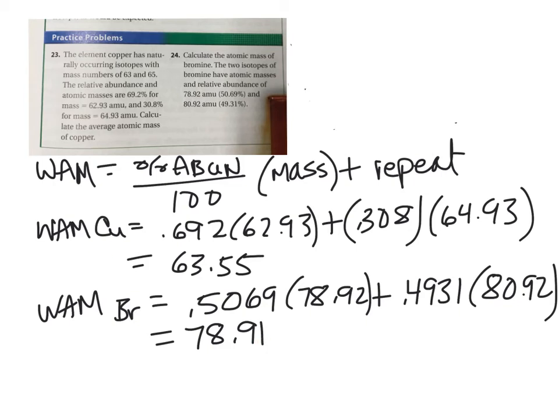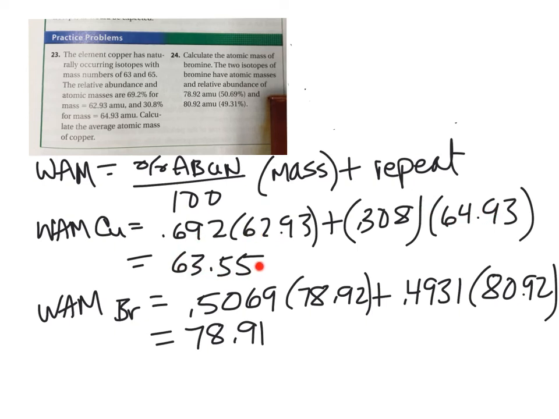If we look quickly here, because you have 50% of each, the weighted average mass is going to be really close to the average mass. But if you took the average mass of these two isotopes, 62.93 plus 64.93, and divided that by 2, then I get 63.93, which is a little higher than what is reported here for the weighted average mass, because there's more of this lower mass isotope than this one right here.